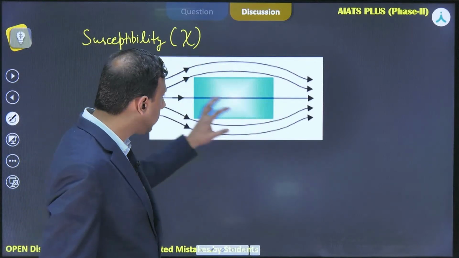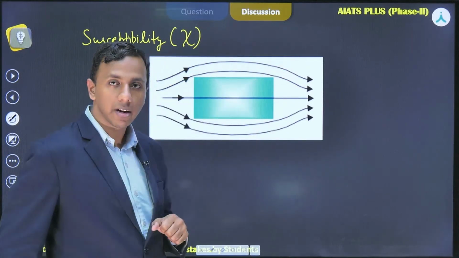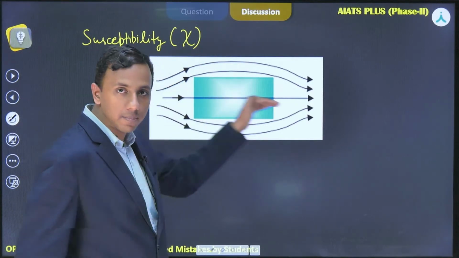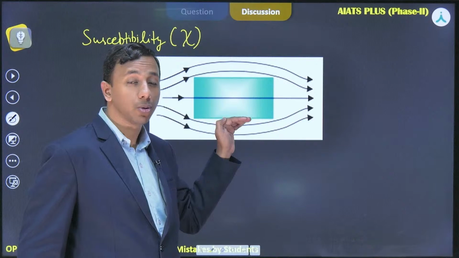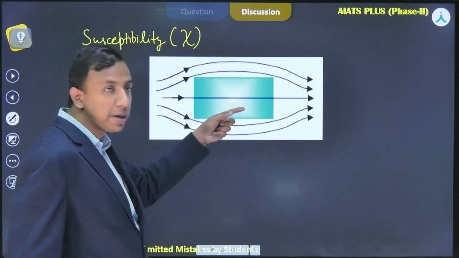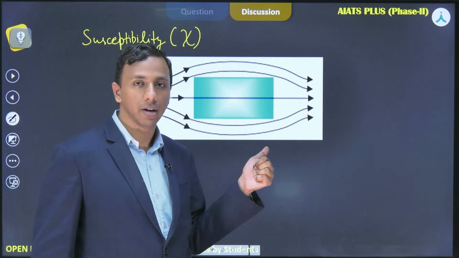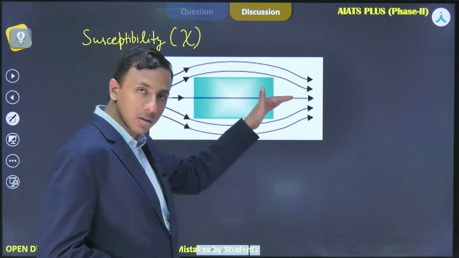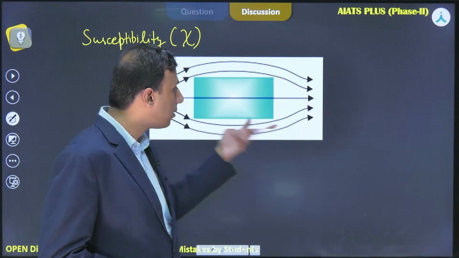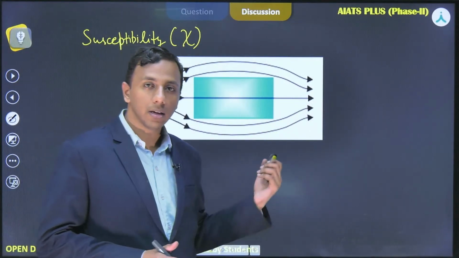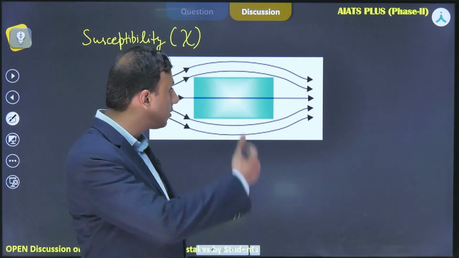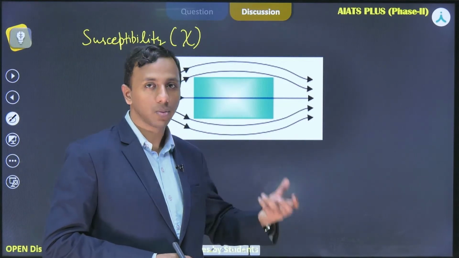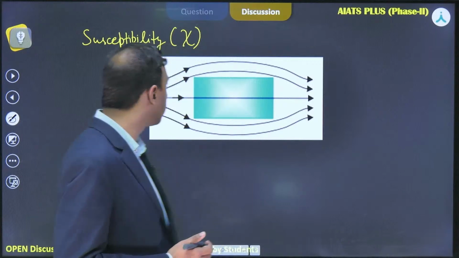See, this material has been placed in external magnetic field, and if you notice, the field lines are not going through the material. Which means if this material was attracting these magnetic field lines, they would want to penetrate the material. But they are not. That means it is not undergoing attraction. Actually it is being feebly repelled by the material. That is what we call diamagnetic material.